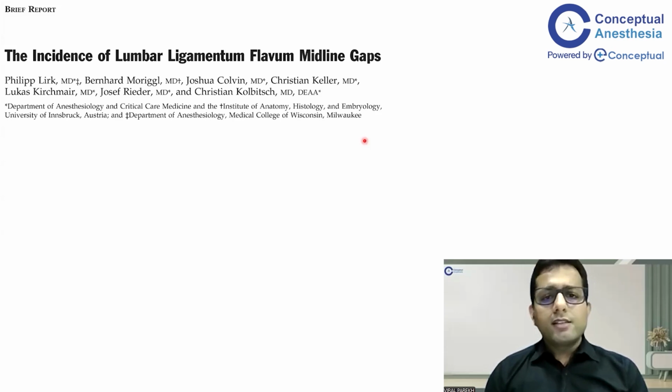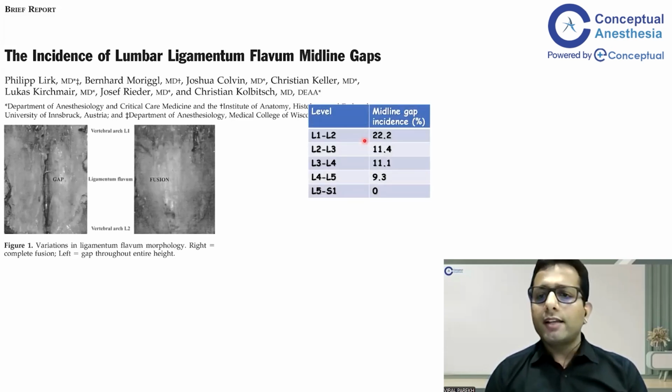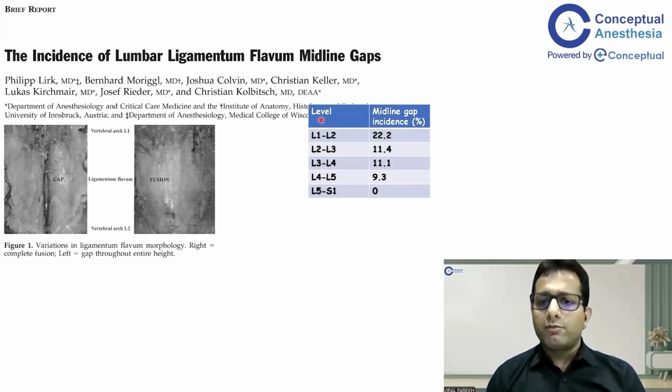So, about the incidence of ligamentum flavum midline gaps, this was a study. Again, it was a cadaveric study, and they identified that the incidence of midline gap of ligamentum flavum was highest at the level of L1, L2, around 22.2%.